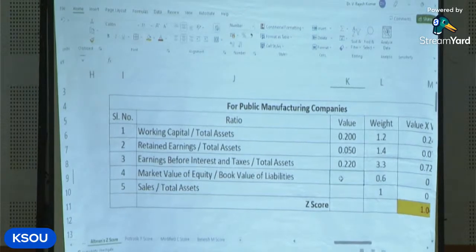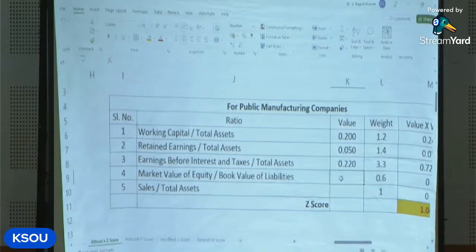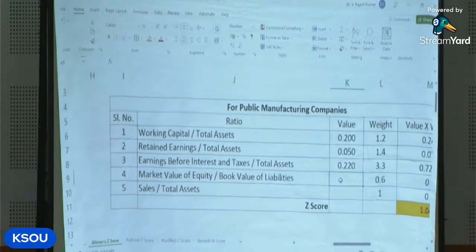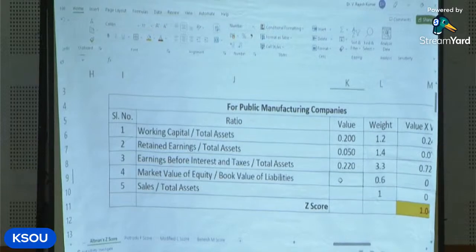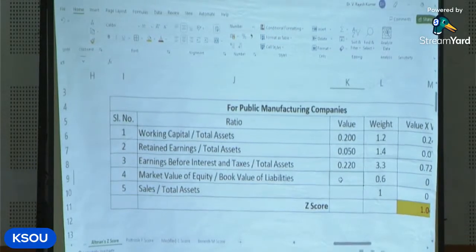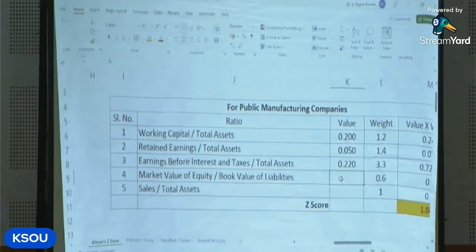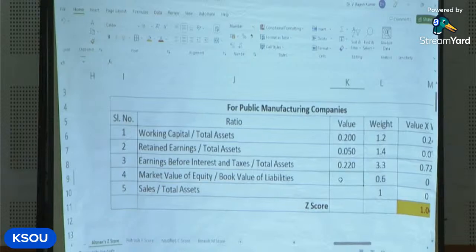Market value of equity by book value of liabilities. Now, liabilities means non-current and current liabilities, outside liabilities. What is this market value of equity, sir? How do we get this? Number of shares issued by the company into market price per share. Market price I can get for any company.